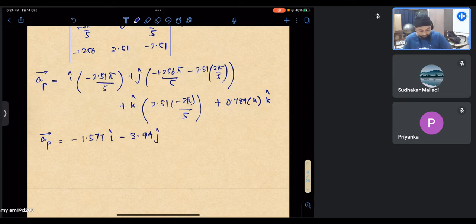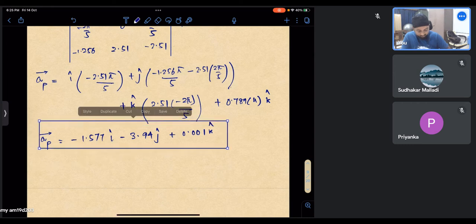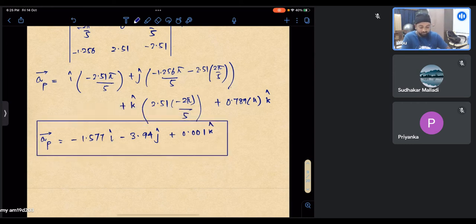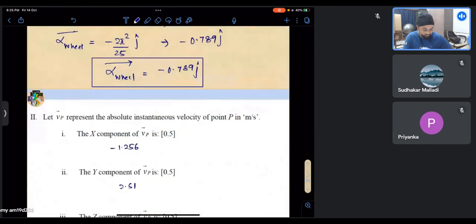But just for completeness' sake, let me write 0.001 K cap. So this is my acceleration of point P. We can see that the K cap doesn't contribute anything to the magnitude because it is negligible.